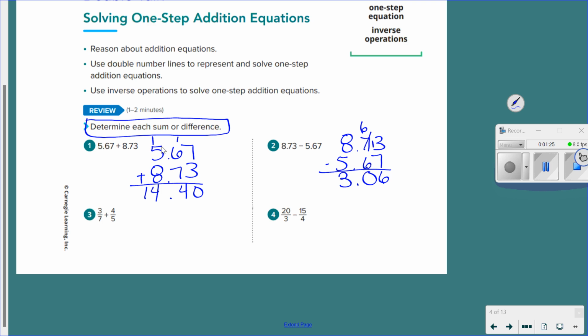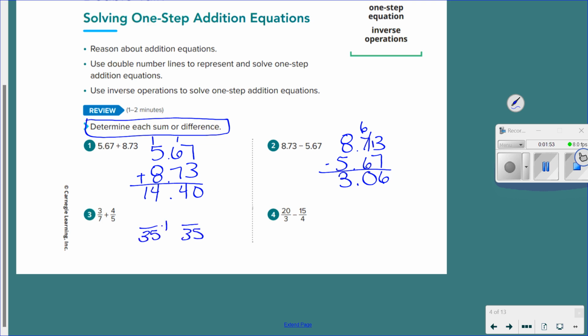What do I do to add fractions? Common denominator. What's a common denominator between 7 and 5? 35. I heard somebody say it.